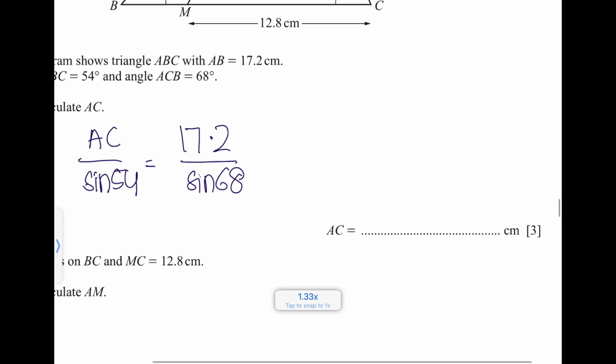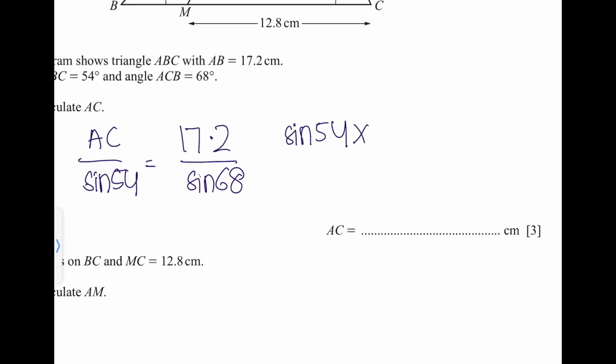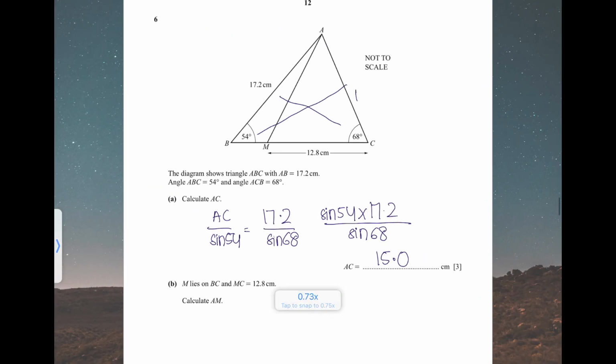That allows us to use sine 54 into 17.2 divided by sine 68, which is 15.0. Okay, 15.0079105, that is to be precise.